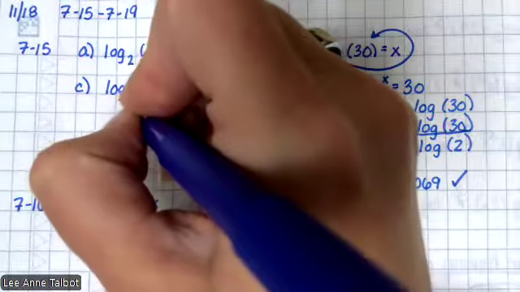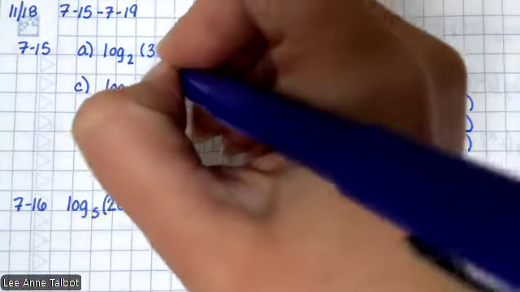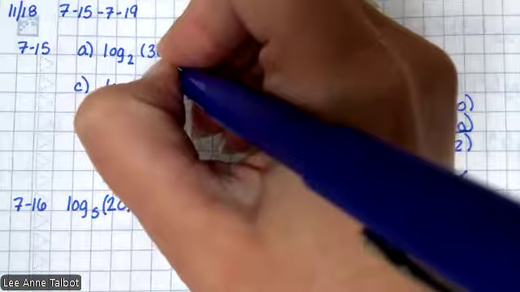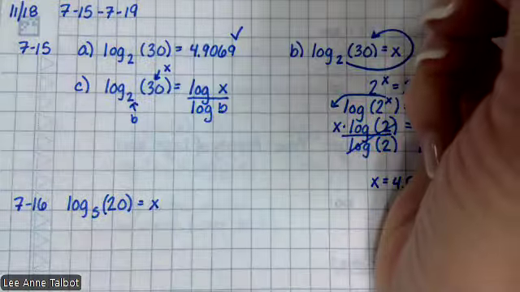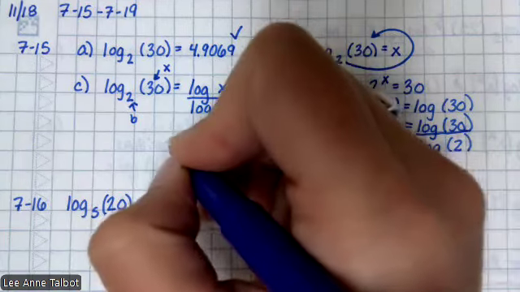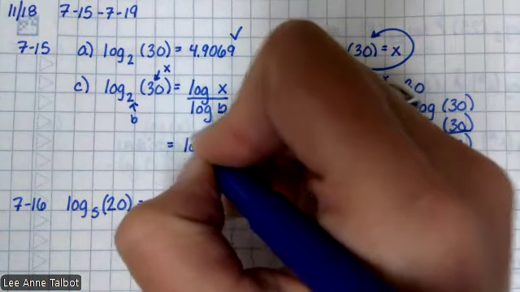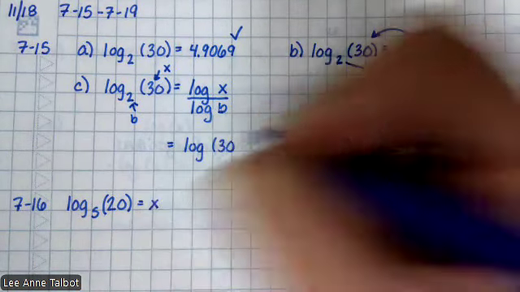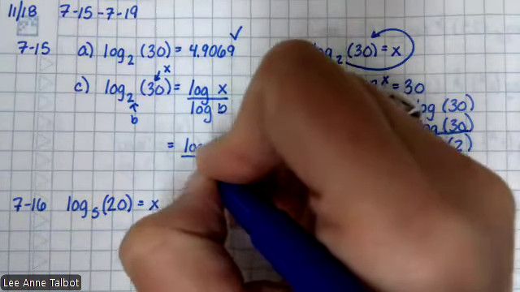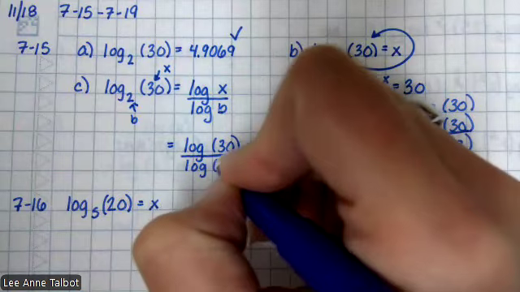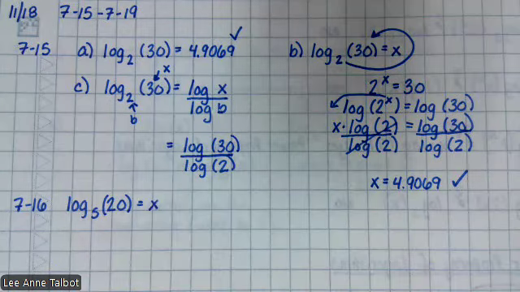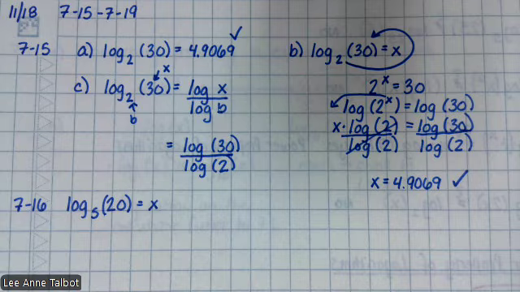Okay, and in that case, this is b because it's the base, and this is x because that's what you're dealing with. Okay, so log of 30 divided by log 2. I want you to look on your paper and see if you can see that anywhere, that you already wrote that down.